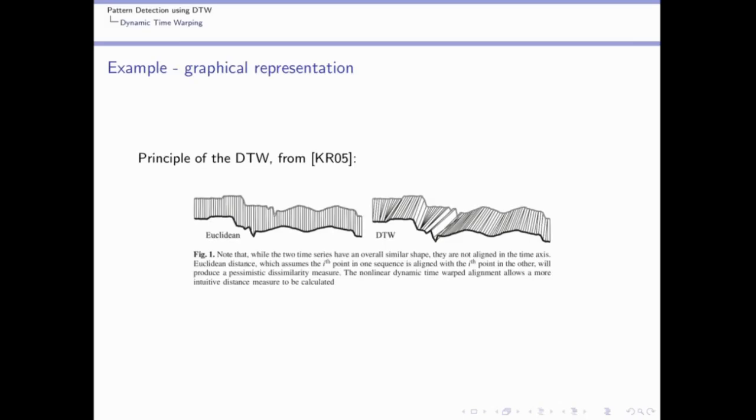And to show you an example, if you compare two signals under the Euclidean metric, well, first they have to be of the same length, but even if they are, you might not really be comparing the same elements.